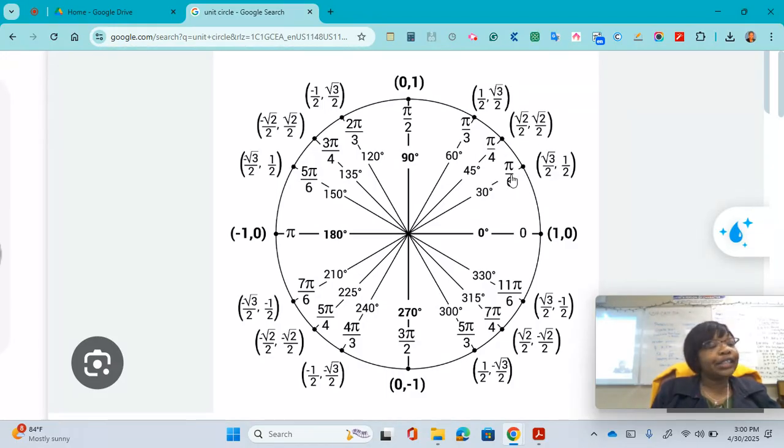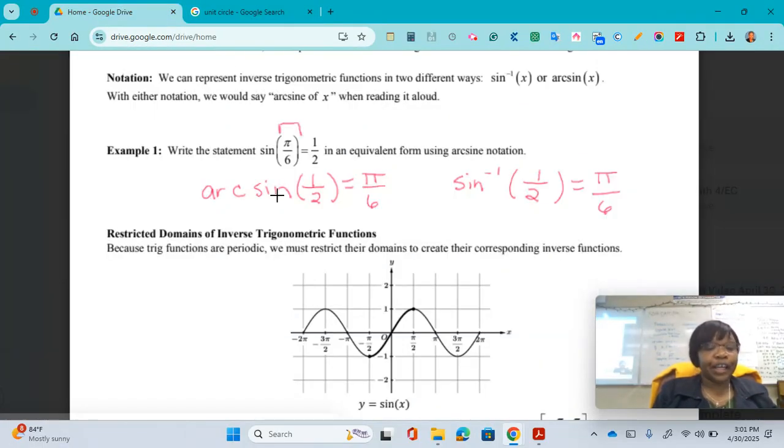So for the arc sine, I input my y and I output my x. It's the inverse. Before, I input my x, output my y; now I input my y, output my x. We're doing it in reverse. So we can use sine inverse or arc sine for that.